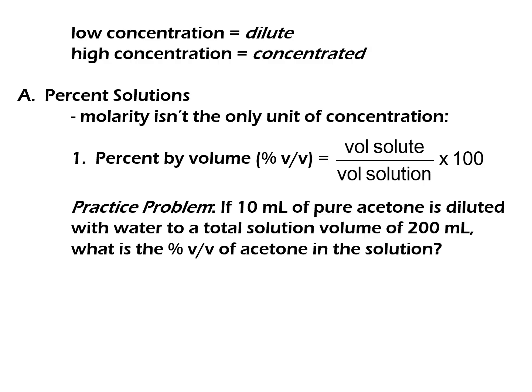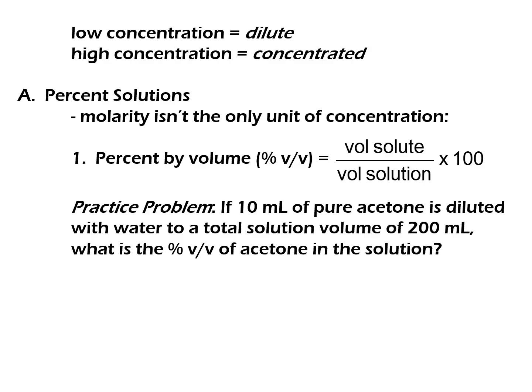So let's do a practice problem. If 10 milliliters of pure acetone is diluted with water to a total solution volume of 200 milliliters, what is the percent by volume of acetone in the solution? Okay, so we read through it really quickly.